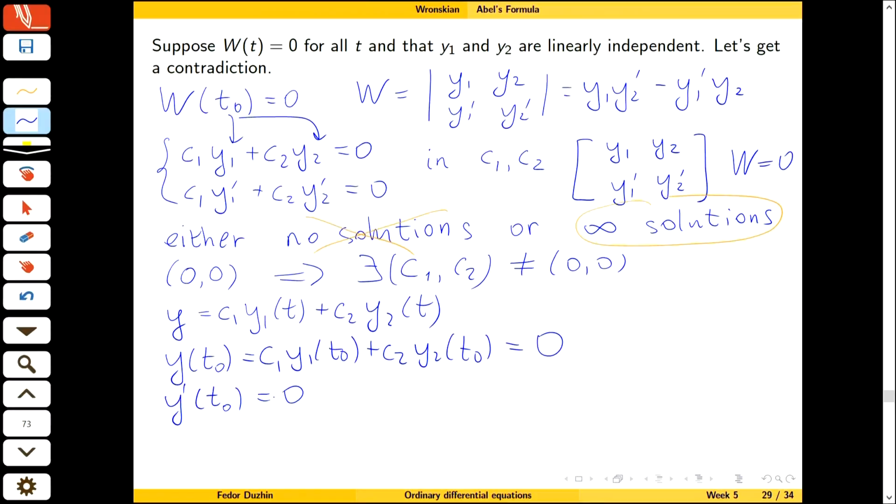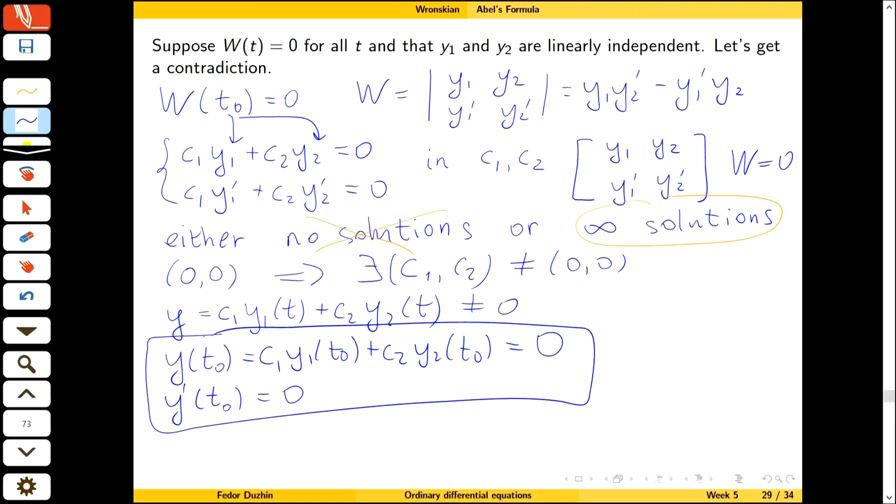At the same time, note that y1 and y2 are linearly independent, which means that any non-trivial linear combination is a non-zero function. So this is actually a non-zero function as a function of t. But just at the particular point t0, the value of the function and the value of its first derivative is 0.